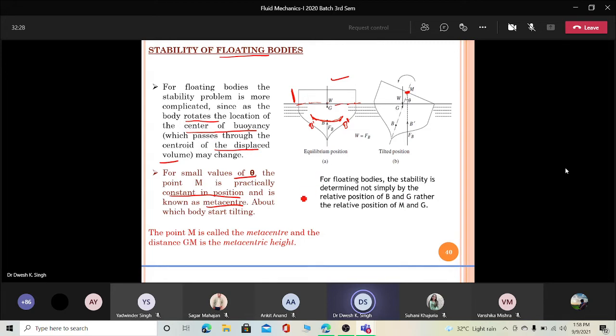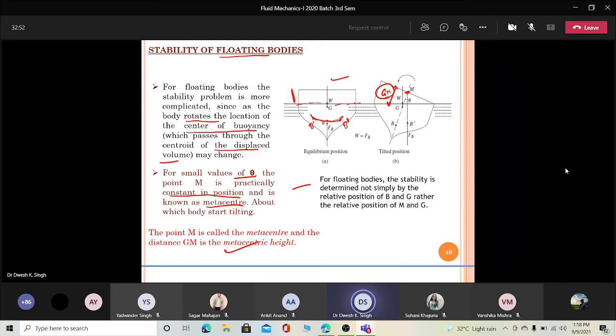So that is your metacenter, and this height, GM, is your metacentric height. During the designing of a ship, or if you want to design any floating bodies, this GM plays a very important role.